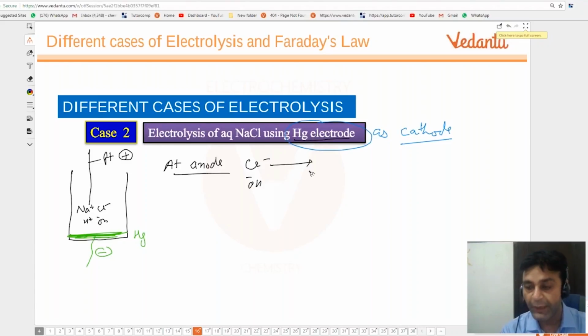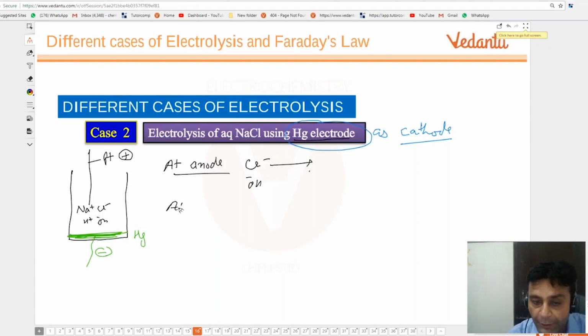Very good. Why chlorine? Why not OH ion? Yes, preferential discharge theory. According to that, chloride requires less potential to get discharged as compared to the OH ions.